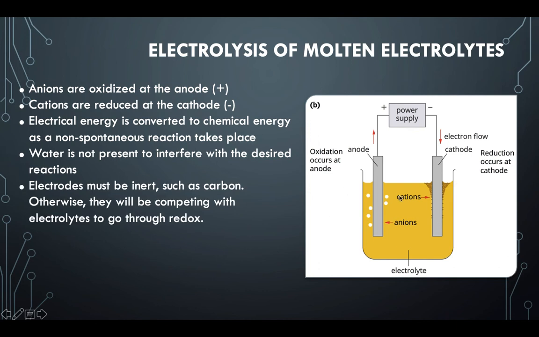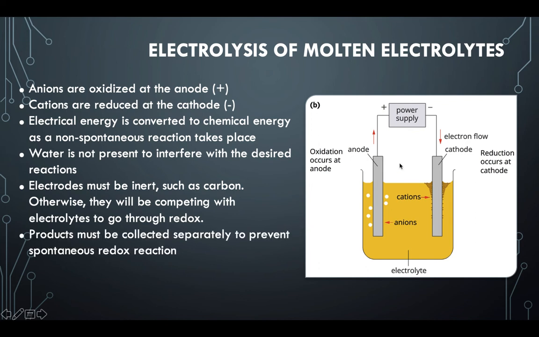Electrodes, in this case, when we are electrolyzing the molten liquid, must be inert. By inert, I mean not only do they not react with the molten electrolyte, but also they cannot react with the products being produced. As you know, when we reverse the spontaneous redox reaction, our reactants are going to be very reactive. So your electrodes must be very, very inert.